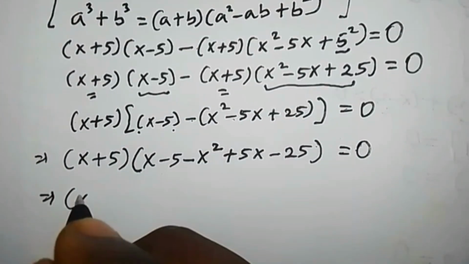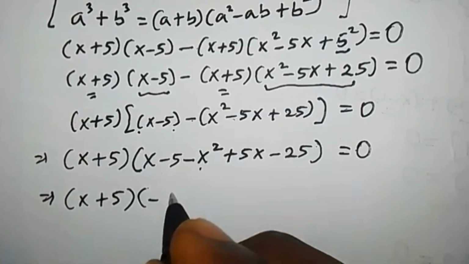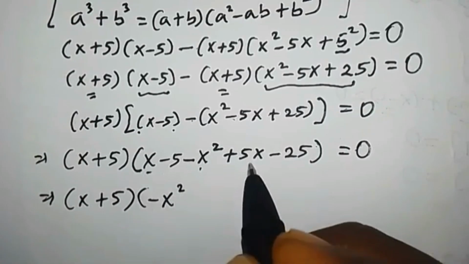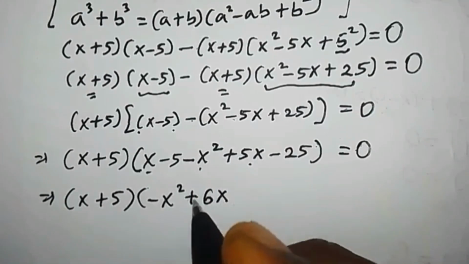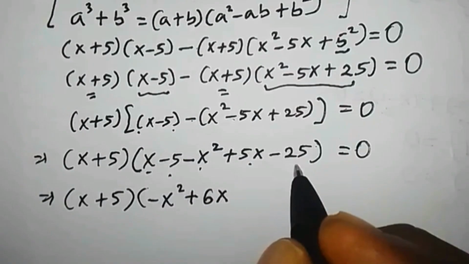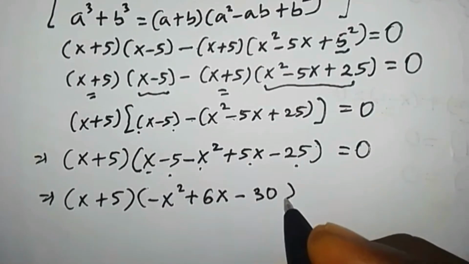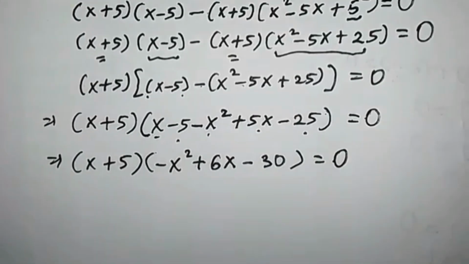So x plus 5 times minus x squared. Let's add the common terms also. x plus 5x, that is plus 6x, minus 5 minus 25, that is minus 30, equal to 0. Let's continue.